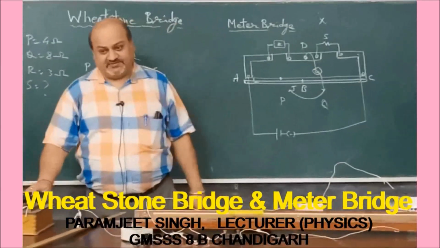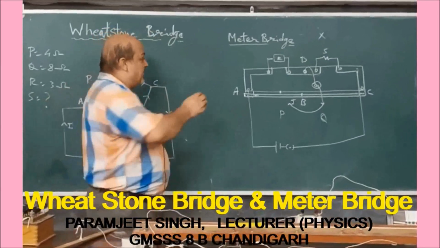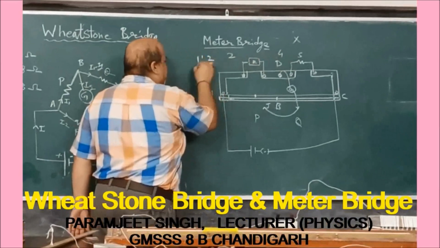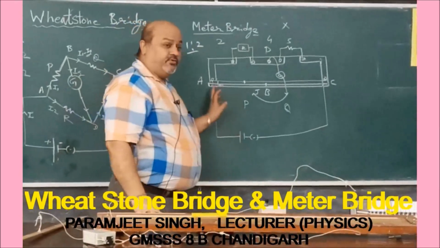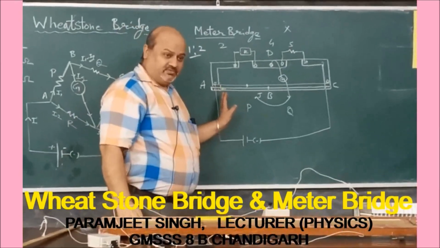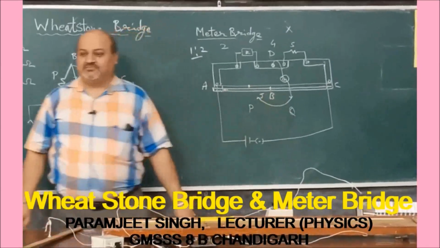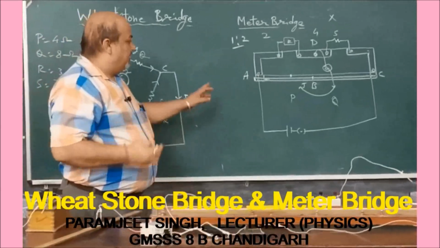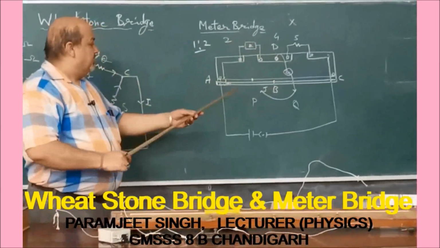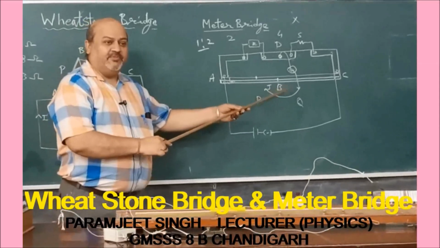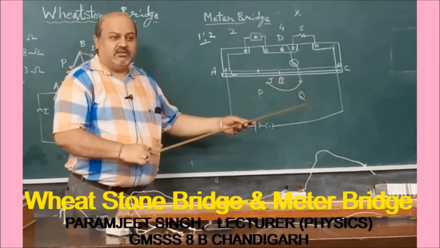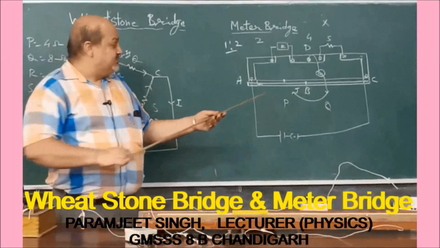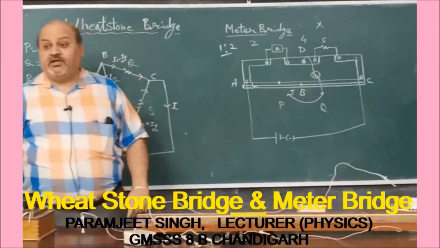You can't change it. Suppose you have fixed R 2 ohm and suppose S is 4 ohm. So this ratio is fixed, and you have to create the same ratio P over Q on this wire. If you are able to create the same ratio between A and C, by placing the jockey at different places, as and when this ratio P over Q becomes exactly 1 by 2, what will happen?